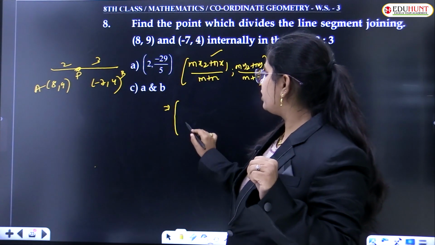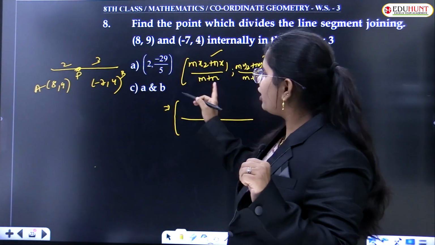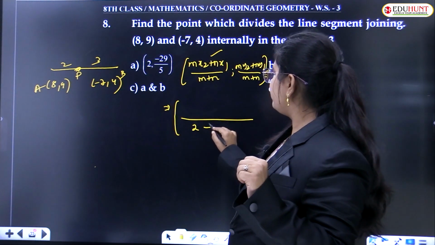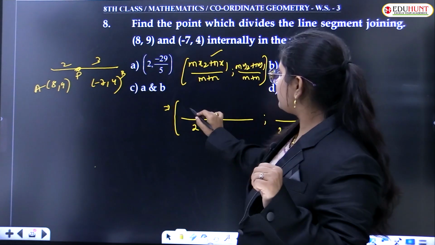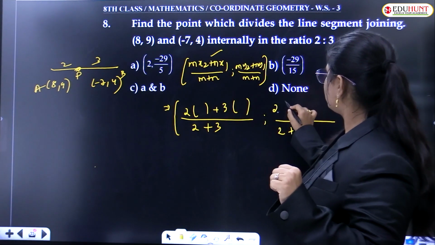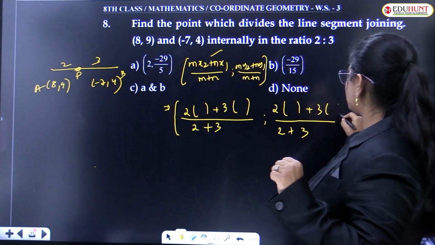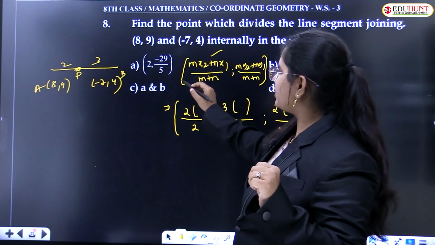Tell me, what is mx2 plus nx1? The m value is 2 and the n value is 3, so here also we get 2 plus 3. Substitute m as 2 and n as 3. This will help avoid confusion.